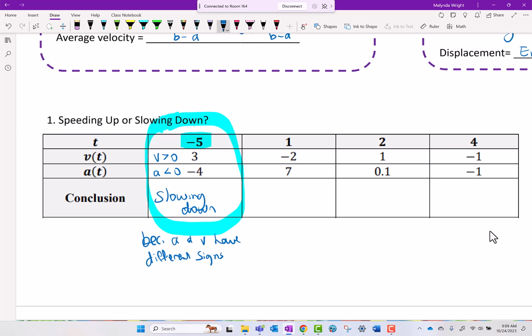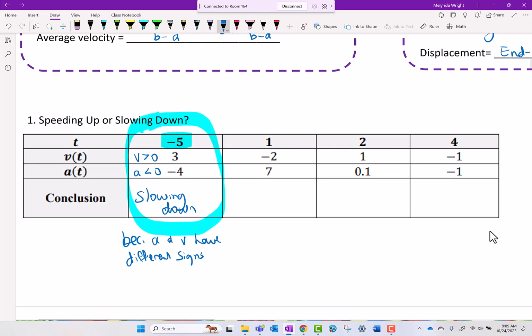Okay, so let's look at our next scenario. Now we're at a time of 1, so we're in positive time now, which is fine. It doesn't matter whether time is positive or negative.